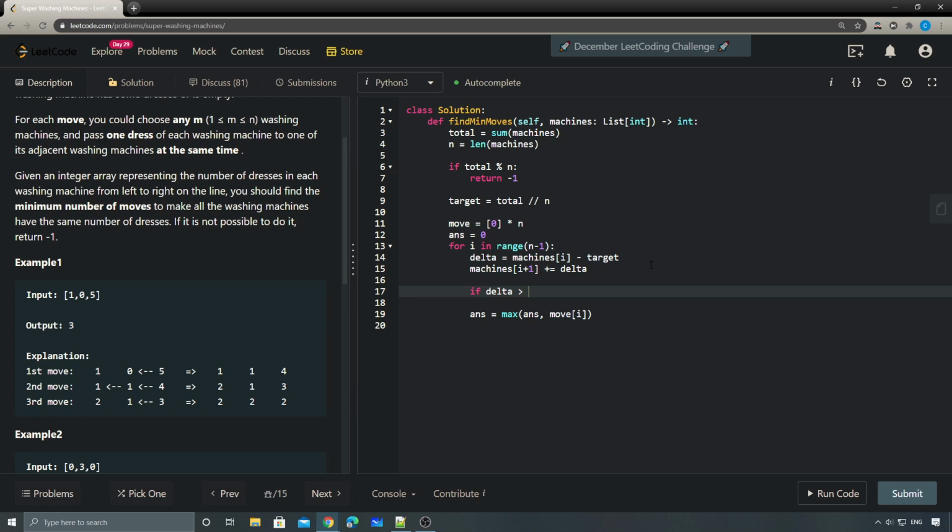If the delta is greater than 0, then what does it mean? It means that we also need to give some addresses to the right side. Remember, we already have updated the machines here, so we don't have to worry about the machine state here.